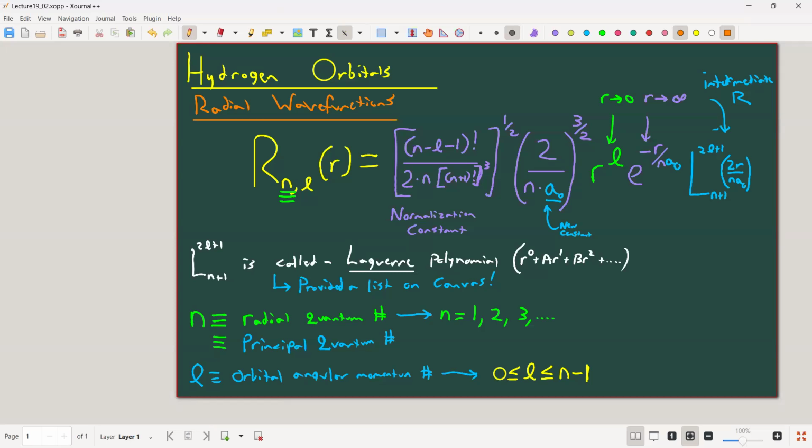And at n equals 4, you can have up to f, L equals 3. So the allowed solutions of our balance between centrifugal force and electrostatic attraction give us the orbital structure that we learned in Gen Chem. You have 1s, 2s, 2p, 3s, 3p, 3d, 4s, 4p, 4d, 4f, and so on and so forth. That comes from the stability between the two forces in the system.